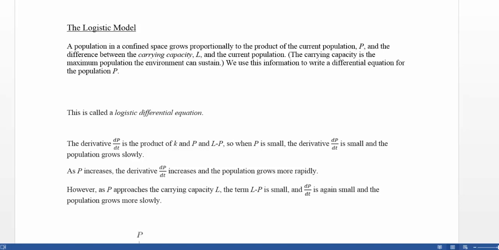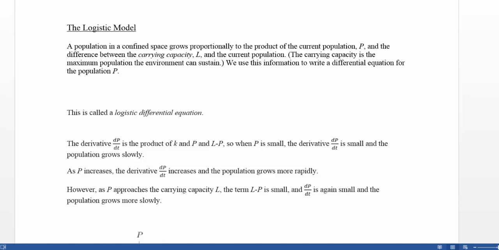So a population in a confined space, right? So maybe on an island, it might be the entire United States, but all space is confined in some way, is going to grow proportionally to the product of the current population and the difference between the carrying capacity and the current population.